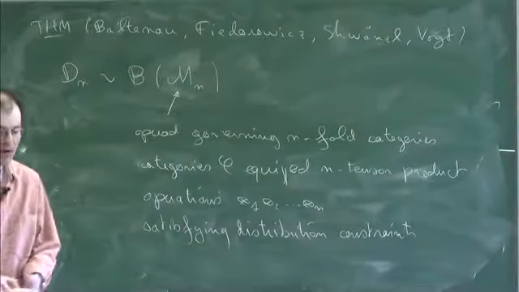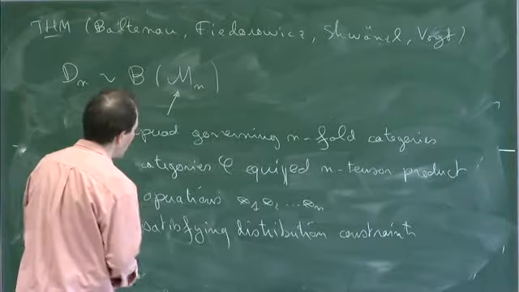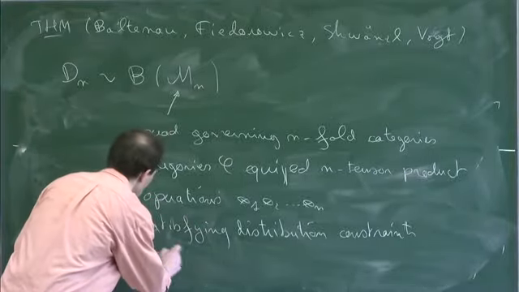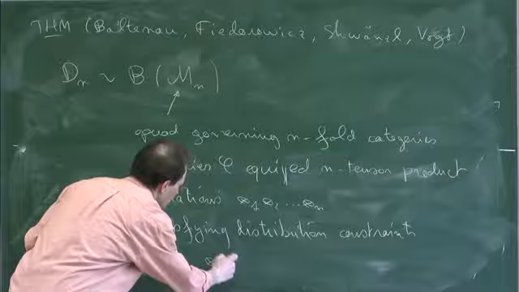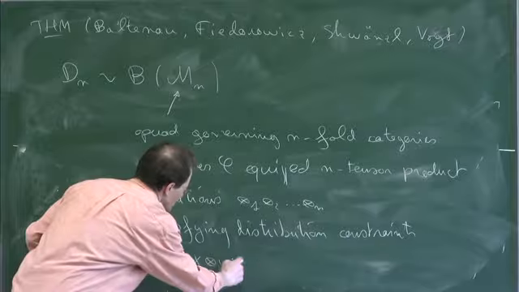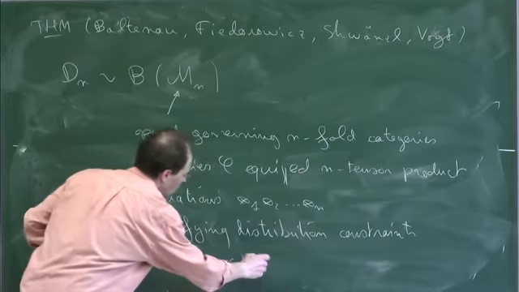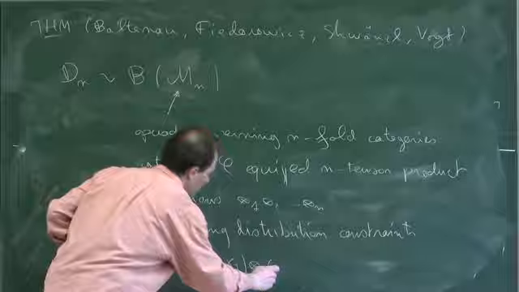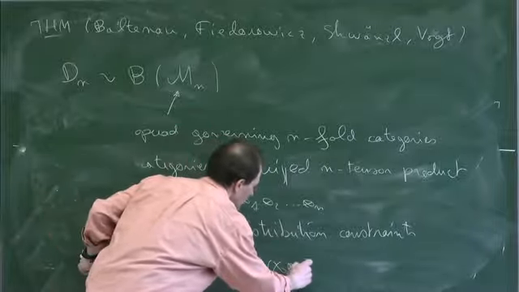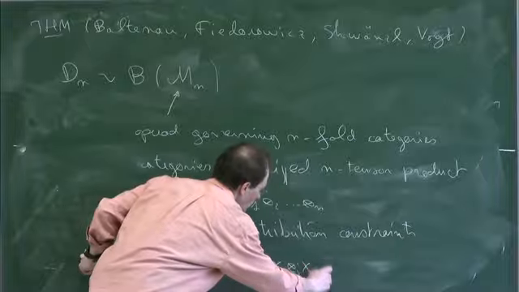So for each pair ij, you can form the word x1 tensor i x2, tensor j x3 tensor i x4.